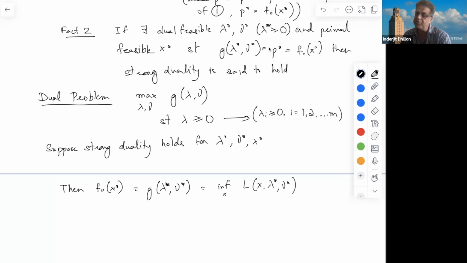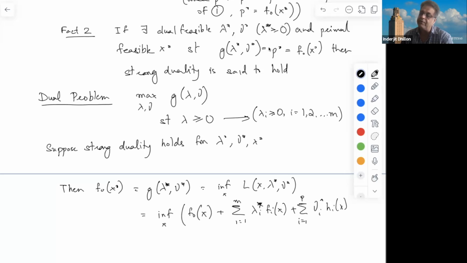Now we can substitute what L is: f naught of x plus the summation i equals 1 to m of lambda i star f i of x plus the summation of nu i star h i of x.